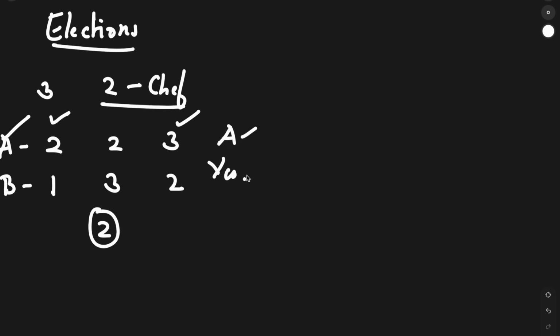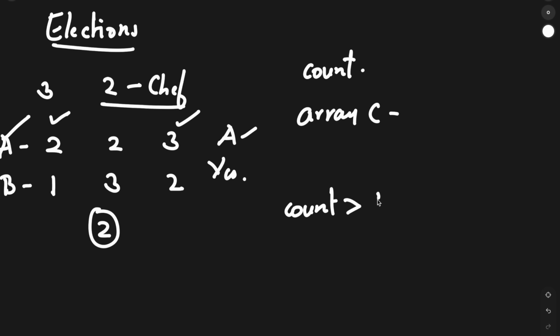So the approach to solve this question would be first checking whether candidate A has won the election without the help of chef. To see that, we'll keep a count which will store the number of states in which A has scored more than B, and also have an array C which will have the number of votes that A needs to win in the lost states.